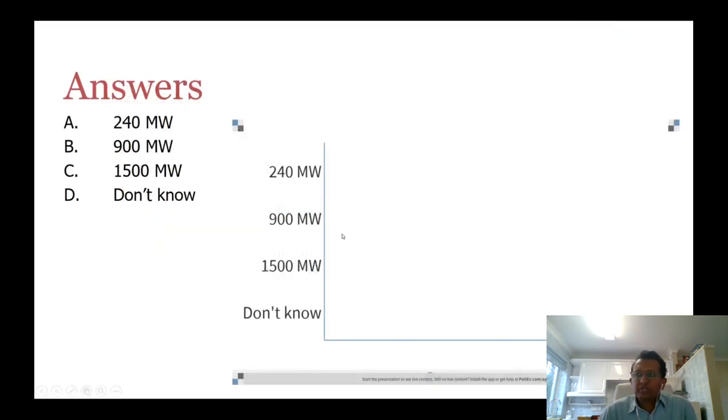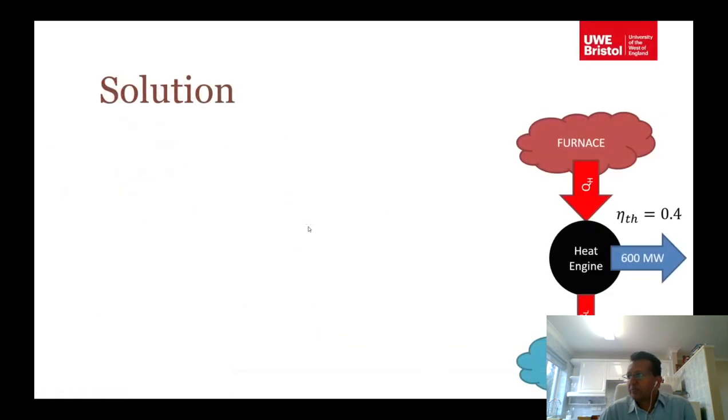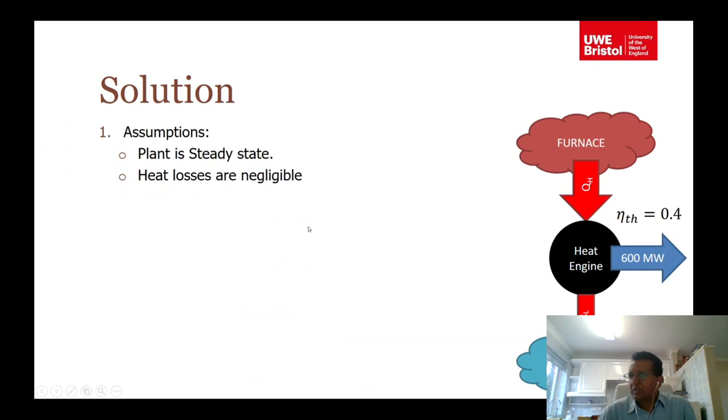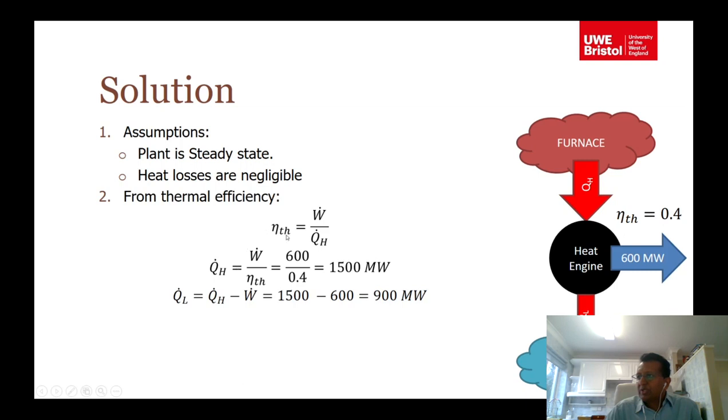So what is your answer to that? So your answer should be like this. The assumptions that you make are, the plant is steady, heat losses are negligible, so your thermal efficiency is 0.4. So your thermal efficiency should be W net over QH. So your W net is 600, so your QH is 1,500 megawatts.